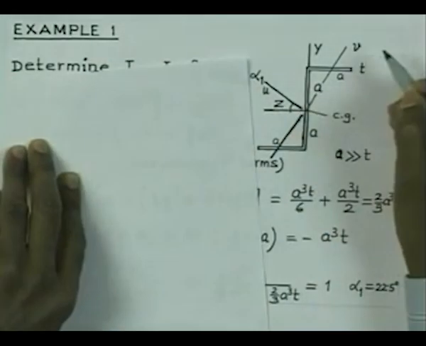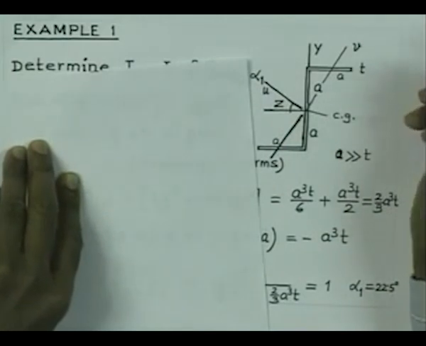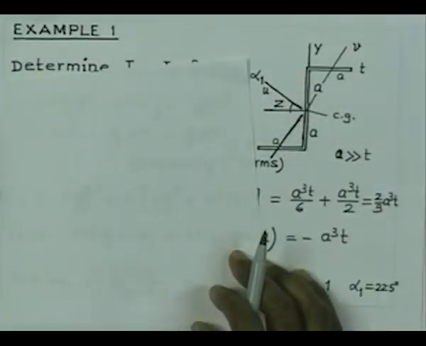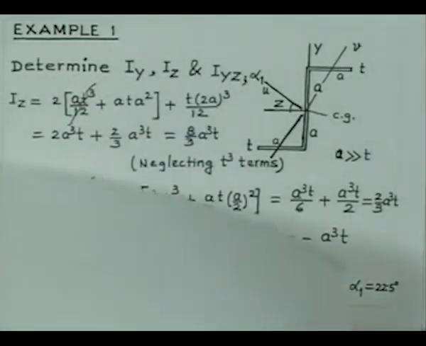So, we have got now the directions u and v, which are principal directions for the section. It will be nice to calculate the values of I U and I V. So, it is a question of simply applying the formula and getting the values. So, let us do that.